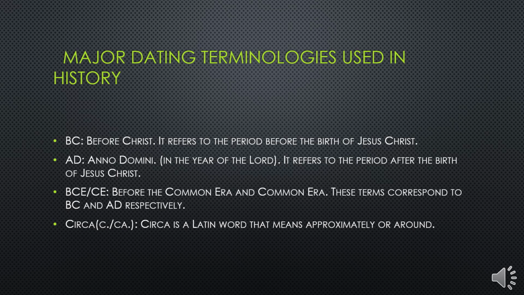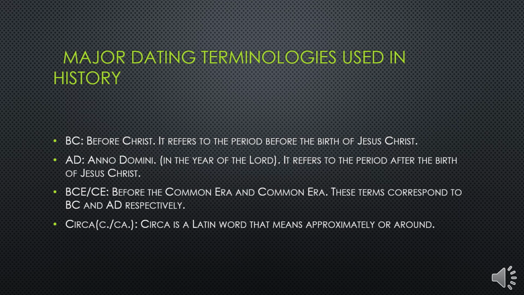When you talk of major dating terminologies used in history, as we've already indicated, dating is very important in historical writings. We said dating systems in history are essential for organizing and making sense of past events.